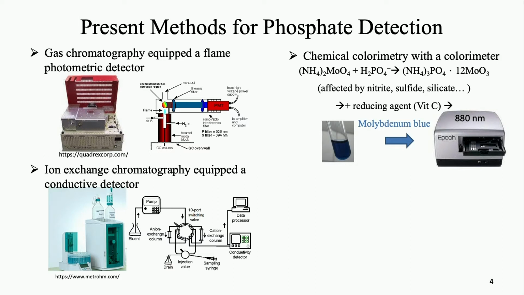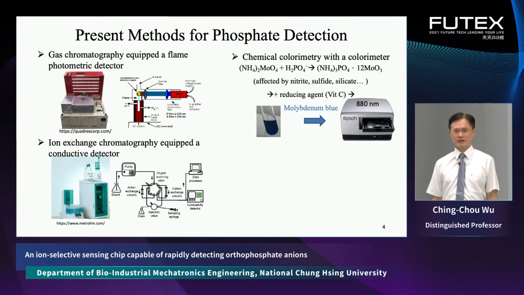For example, use ammonium molybdate to react with the phosphate to produce ammonium phosphomolybdate. But this reaction will be affected by nitrite, sulfide and silicate ions. And finally, we use vitamin C to reduce the ammonium phosphomolybdate to produce molybdenum blue and use a UV-visible reader to detect the phosphate concentration.